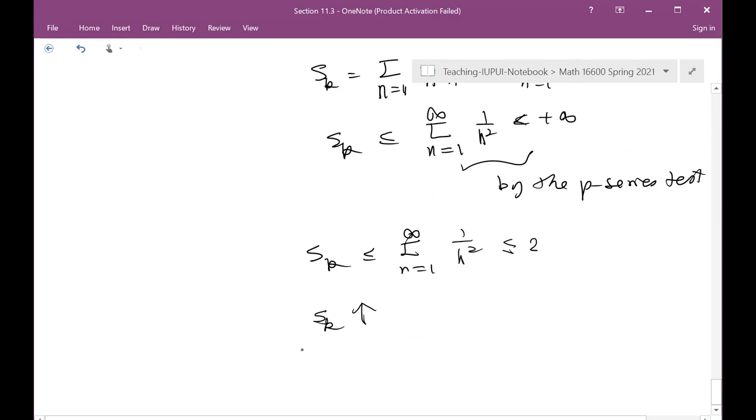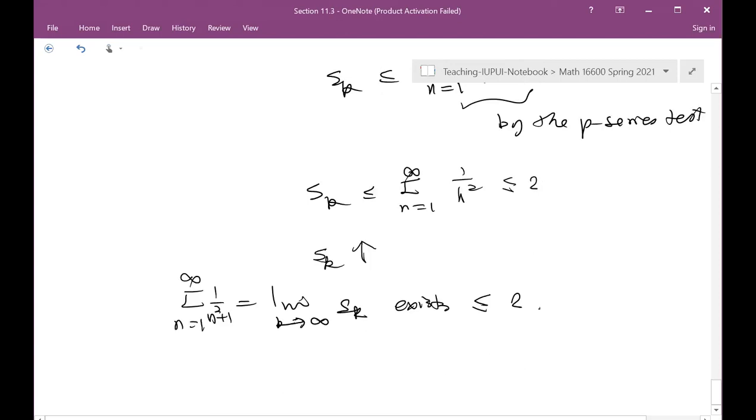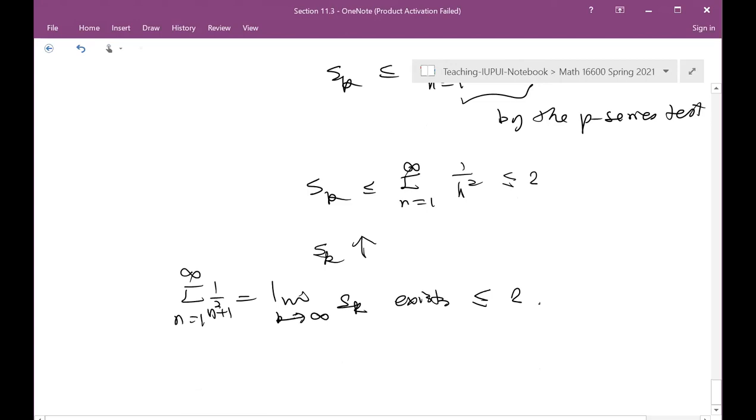So therefore this limit, which is going to be the series, exists, and is less than or equal to 2. Great, so this is another way to prove this series is convergent and has an upper bound too.